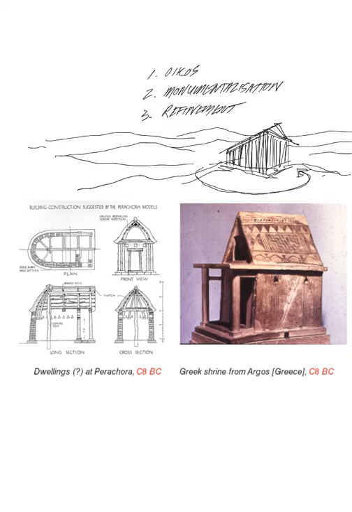So these drawings are of dwellings found at Perakora from the 8th century BC, and you can see it has a pitch roof, and it is entered from one side, and it has an apse or semicircular ending.